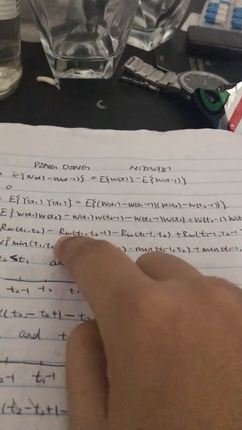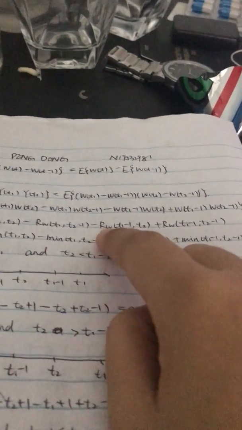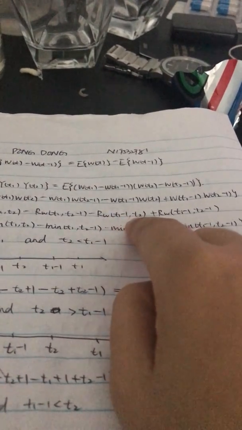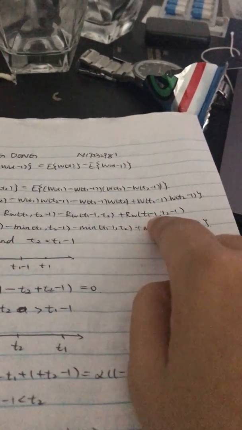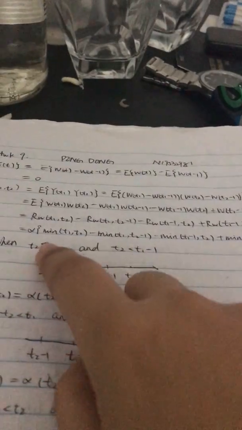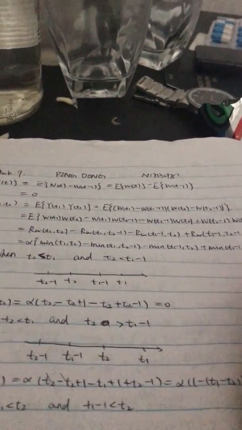This part is equal to R_W(t1, t2), this part is R_W(t1, t2-1), this part is R_W(t1-1, t2), and this part is R_W(t1-1, t2-1). So that we can put R_W into this formulation, then we have this.